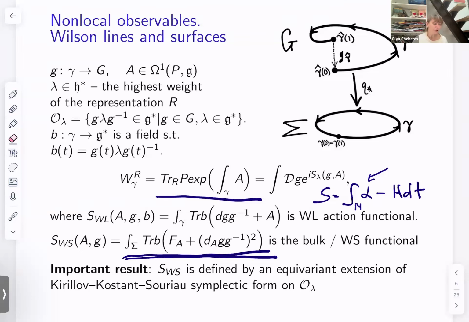You can rewrite your connection as a function on the phase space, and so if this is outside the scope of your talk, it's okay.